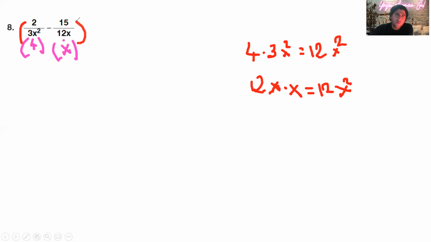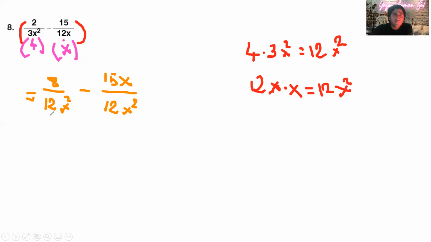So let's do that. Once we do that, it's going to be like this. I'm going to rewrite it here. 4 times what is in the numerator part? 2. 4 times 2 is going to be 8, over 12x squared, minus x times 15 will be 15x over 12x squared.